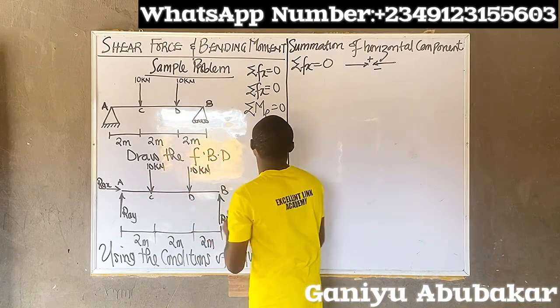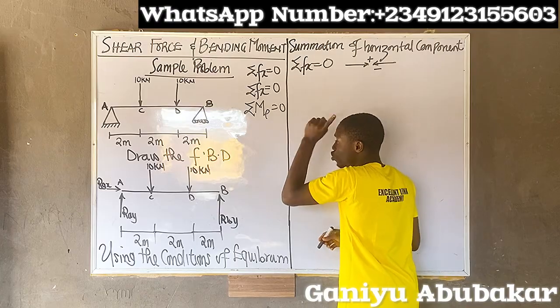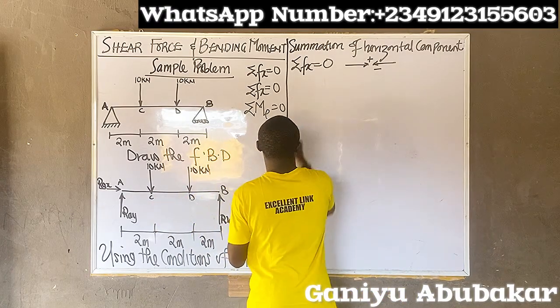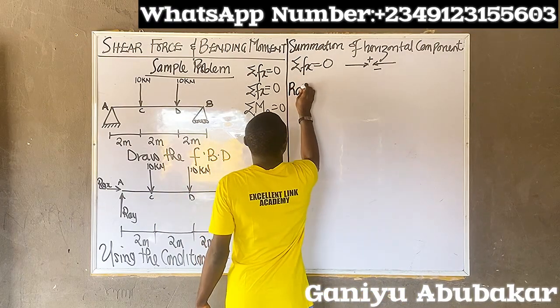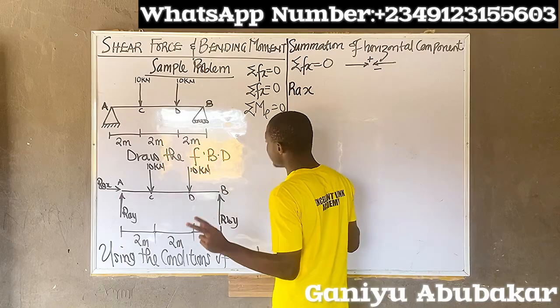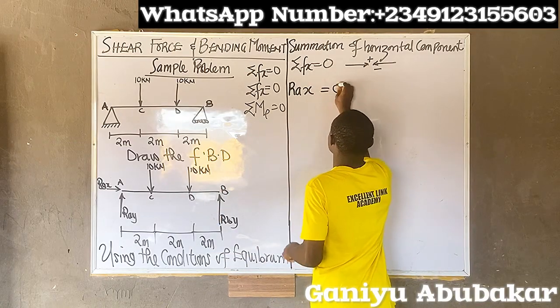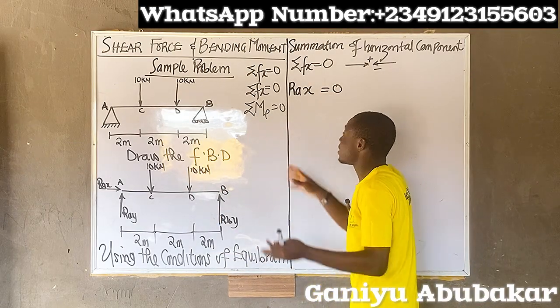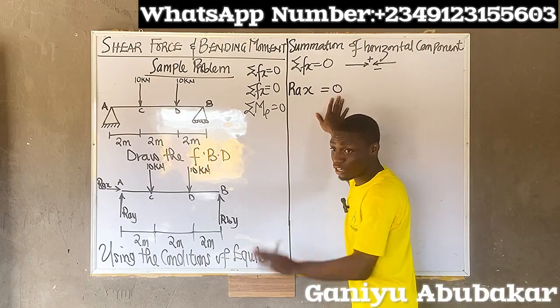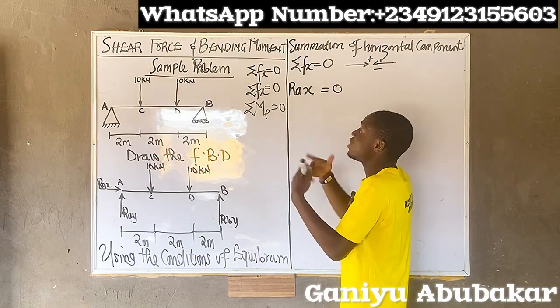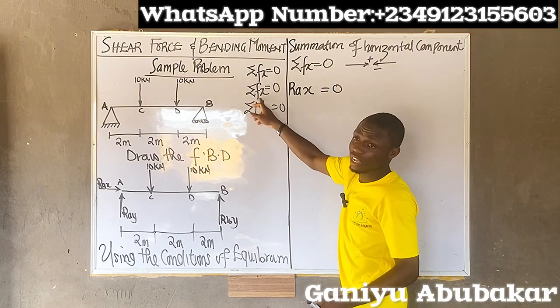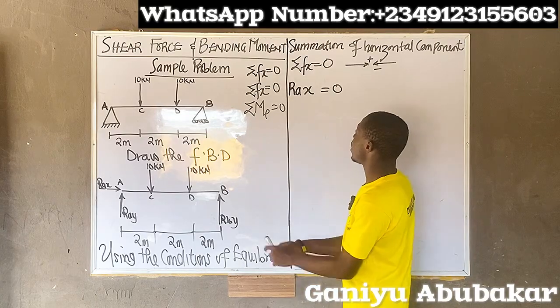Horizontal is RAX. So summation of F of X is just RAX equal to 0. So this automatically means that RAX has no value. That's 0. It's done. What's next step? F of Y.